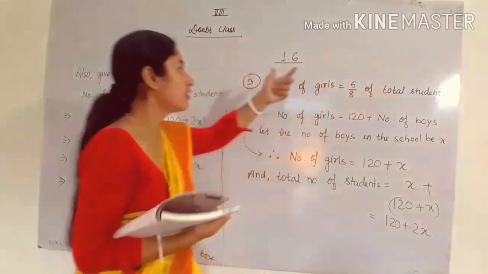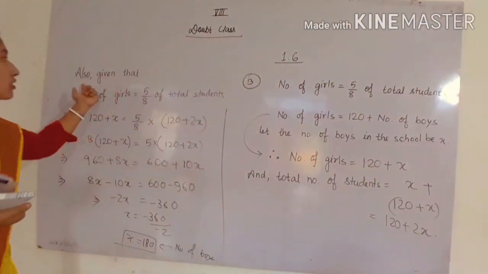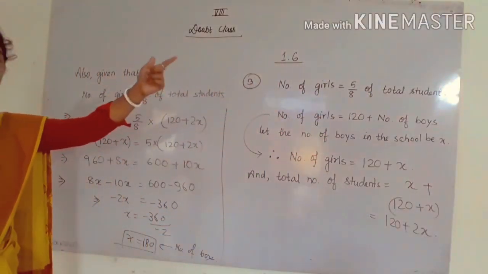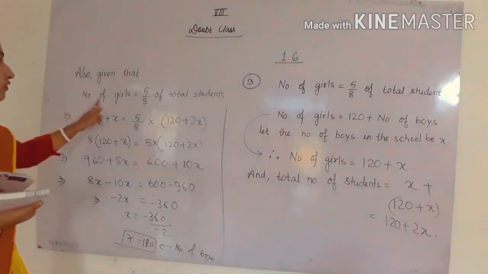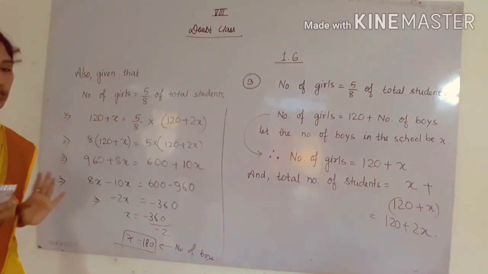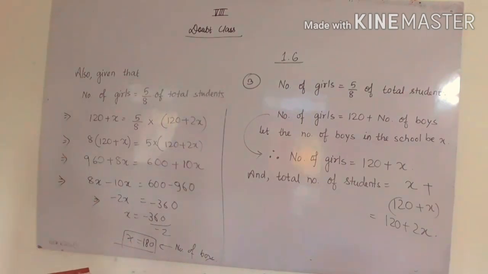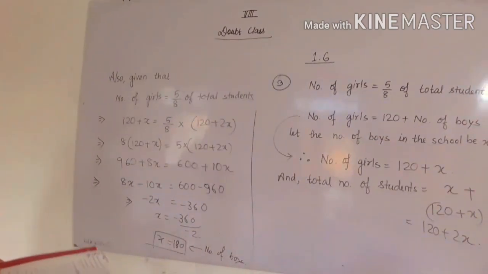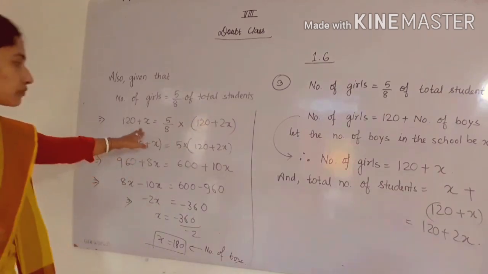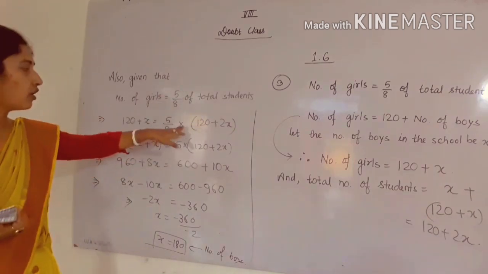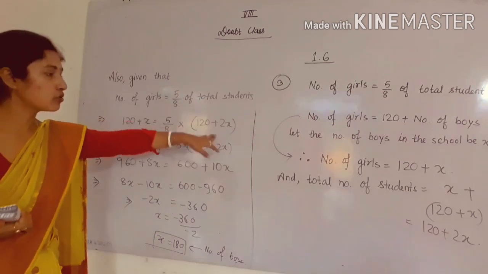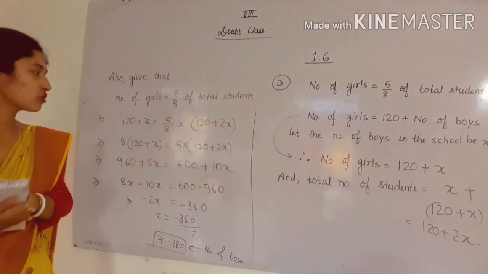Okay. So here the final equation, see here, the first condition is given. Number of girls is equal to 5 by 8 of total students. So in place of number of girls, I can write 120 plus x, and 5 by 8 of means into total students, already we got 120 plus 2x. Okay.